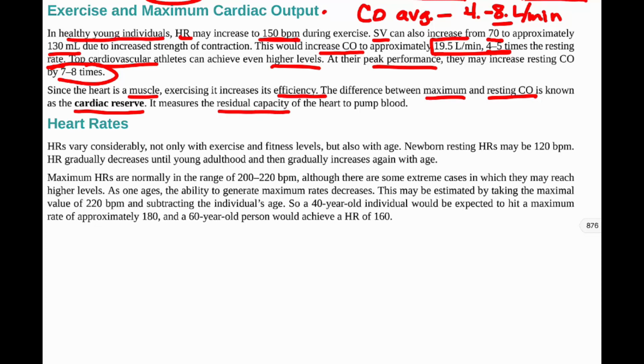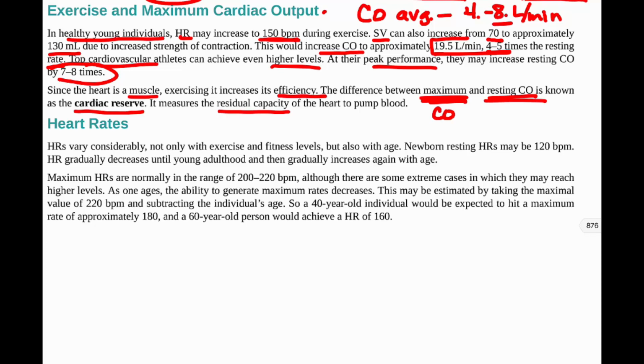So if we look at the maximum cardiac output, if your heart is at the max, the highest it can go to get the most volume out, and then we look at resting cardiac output, just when you're laying on the couch, not concerned about doing anything else, just what the heart regularly pumps in a minute.